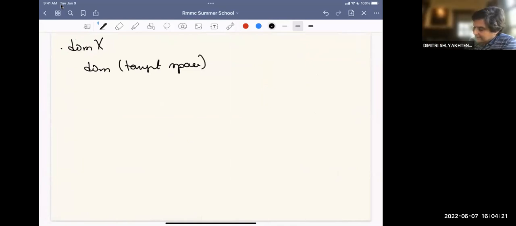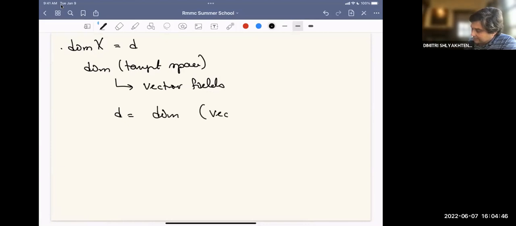Well, the tangent space is a bundle, right? And the functional view of a bundle is to look at vector fields, right? Vector fields which are tangent to your thing. And then you could say the dimension D will be the dimension of sorts of this space of vector fields.